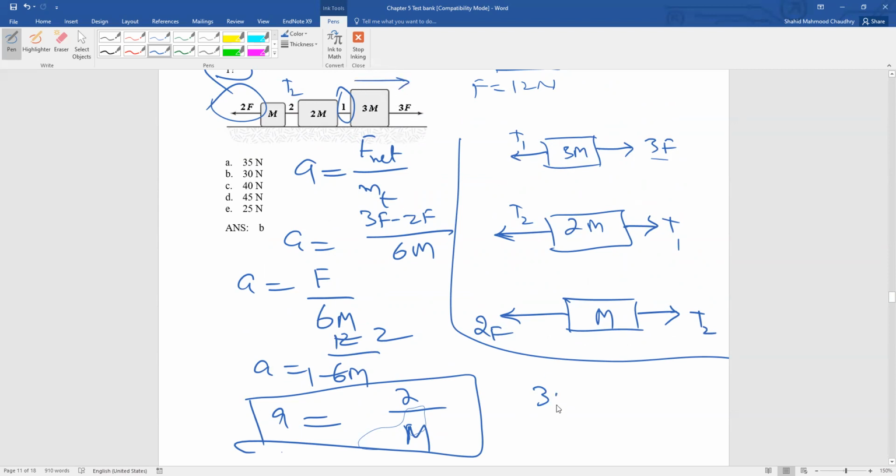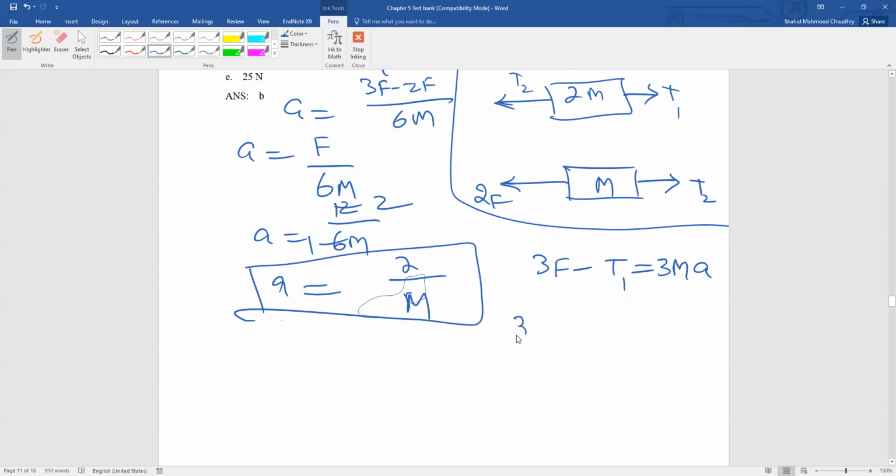It means 3F is greater. 3F minus T1 is equal to net force, mass times acceleration, on this mass: 3M into A. Now 3 into F, which is 12, is 36, minus T1 equals 3M into A. A is 2 over M, so this M will cancel. So 36 minus T1 is equal to 3 twos are 6.